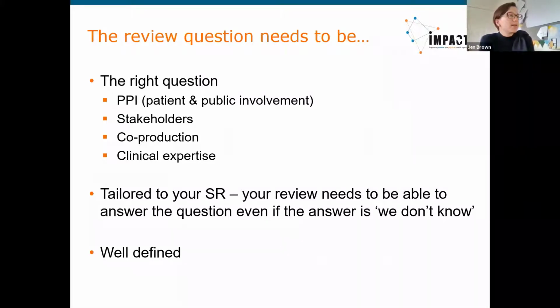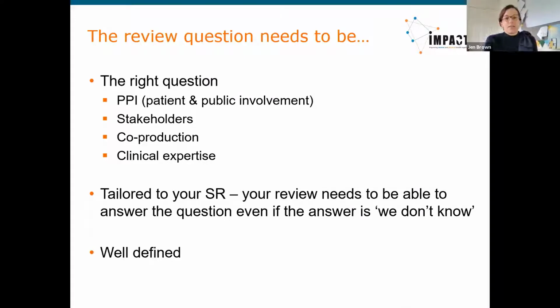So do spend the time speaking with stakeholders, bringing PPI to play a role, so patient-public involvement where you can, maybe co-producing your review question with those people to make sure that you have something that is actually relevant and that will get the attention that your research deserves. Drawing on clinical expertise is always crucial in systematic reviewing so that you can produce something that is relevant and will be used.